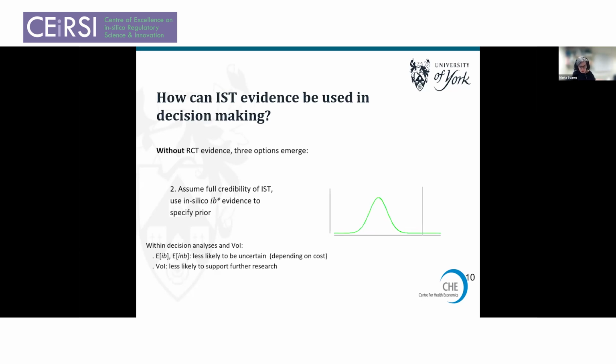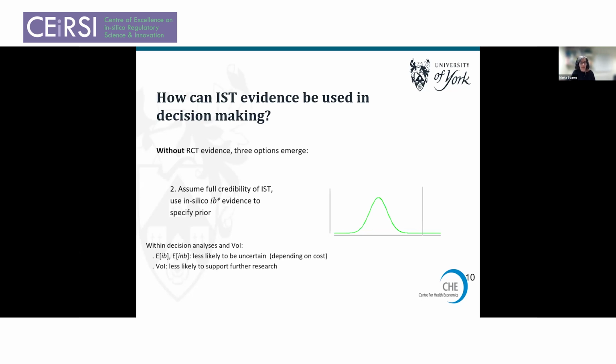So the second option the decision maker has is to assume full credibility of the in-silico trial and use the in-silico evidence to specify the prior that's going to be considered in decision making, to describe the value of the technology and the uncertainty over that.